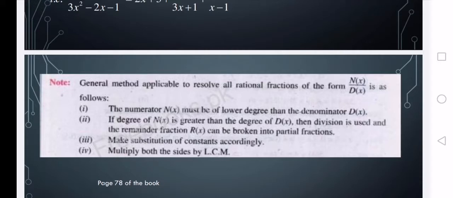Make substitutions of constants accordingly, that is we will have to substitute A and B by their values, and for the solution we will multiply both sides by the LCM of the denominator.